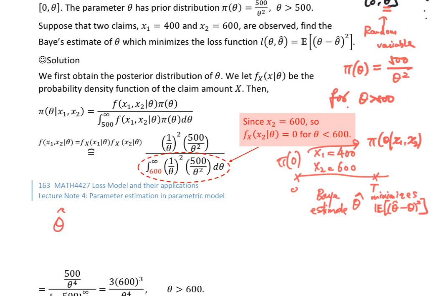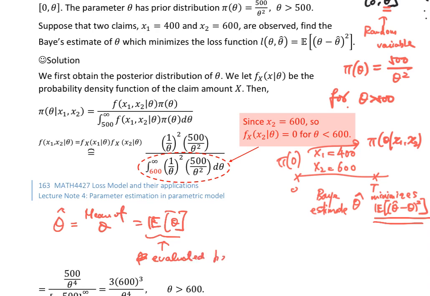Because you are trying to minimize the Euclidean distance, according to Theorem 3, which is your first statement, this Bayes estimate will be equal to the mean of theta, which you evaluate based on the posterior distribution. So this is our Bayes estimate.